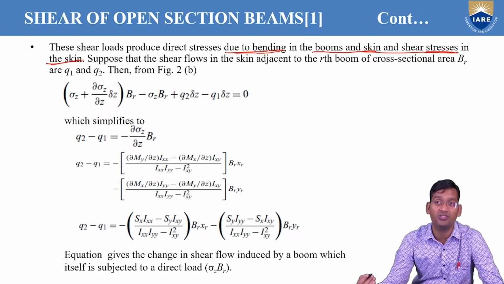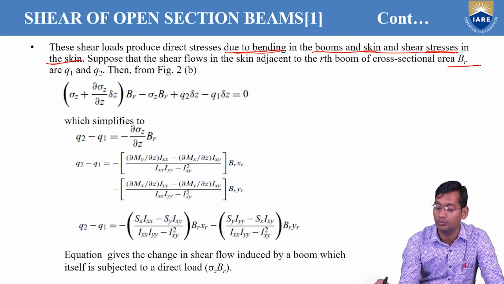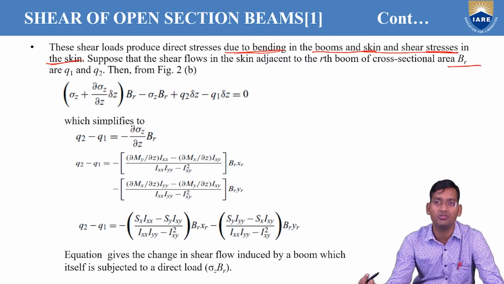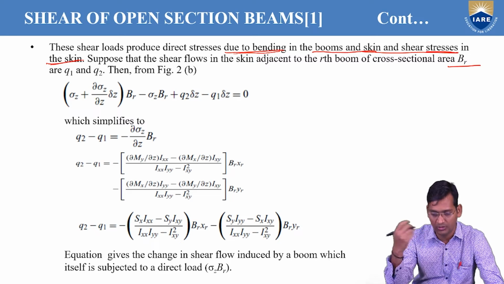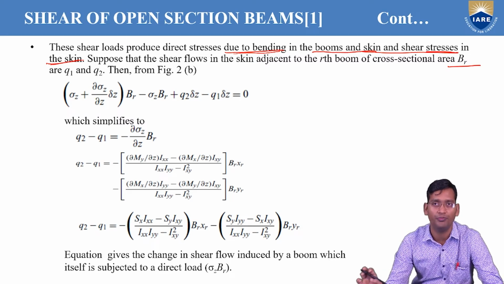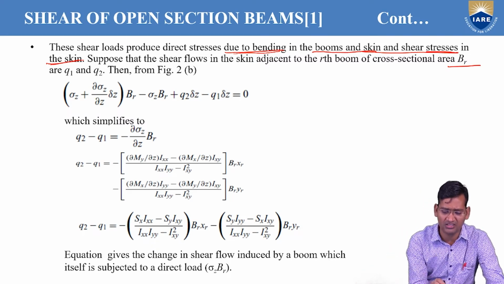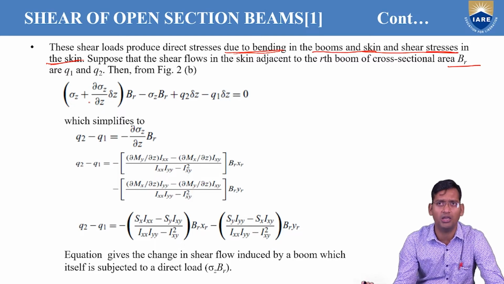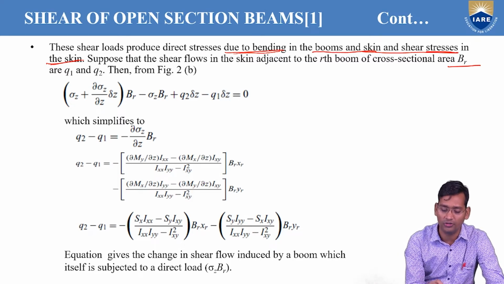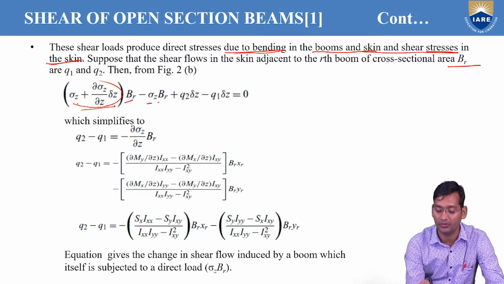Suppose that the shear flow in the skin is adjacent to the rth boom of cross-sectional area Br. That we already have seen in the figure, B1 and B2 in the previous video, where only booms 1 and 2 were there. Now here we just assume any rth boom, and for that we have to find, same again, take the moment about any point. Stress into area will give force, then again shear stress into area.